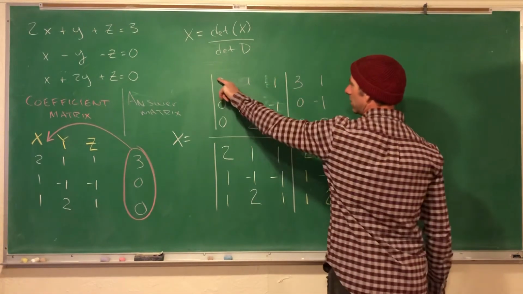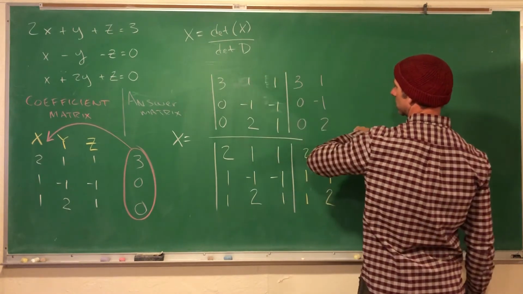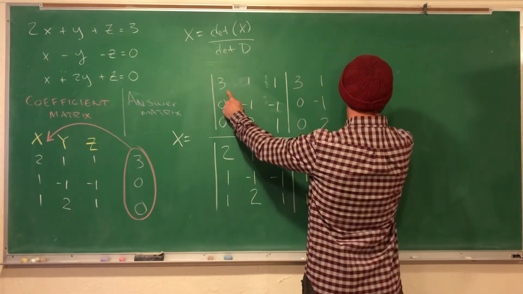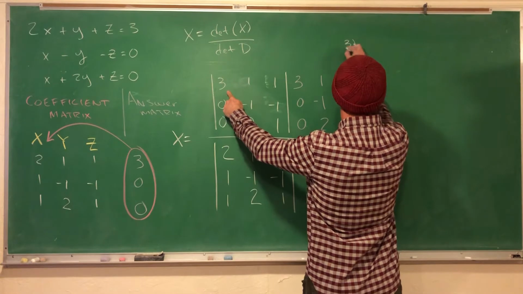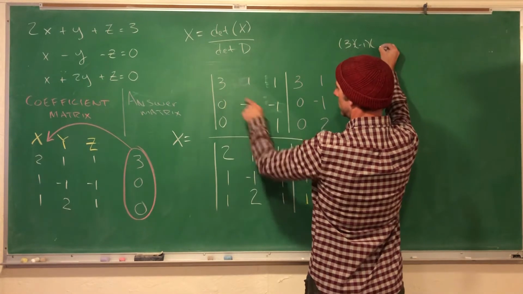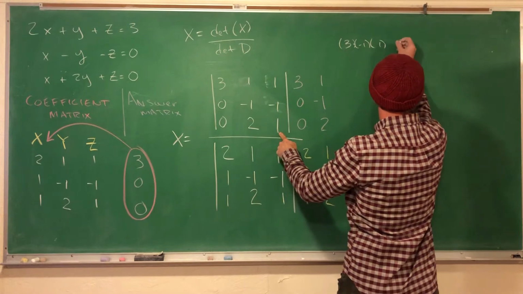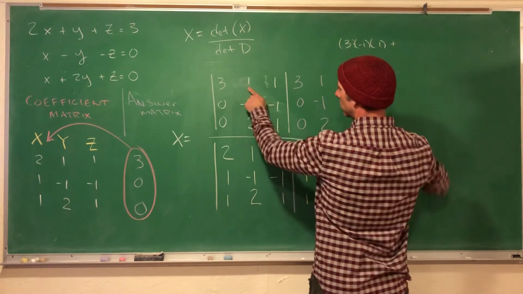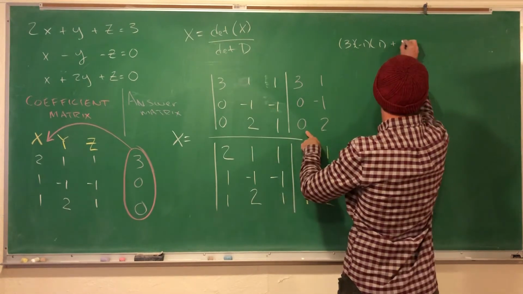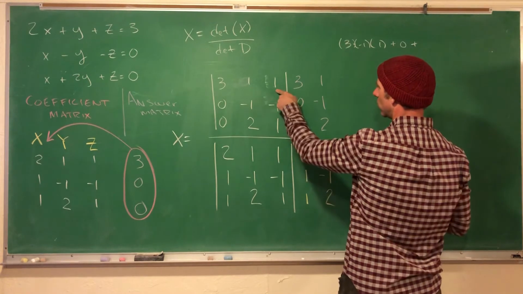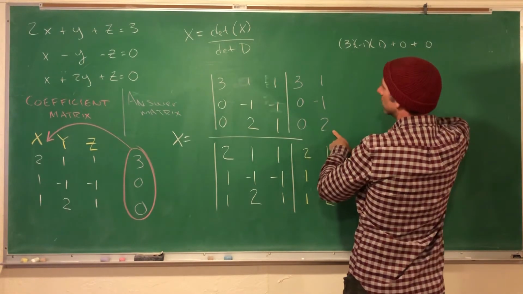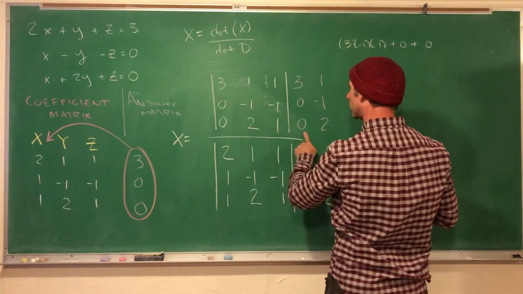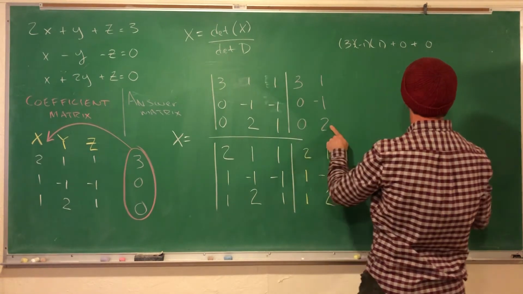So the determinant is the product of the diagonals minus the products of the other diagonals. So 3 times negative 1 times 1, plus 1 times negative 1 times 0, plus 1 times 0 times 2.